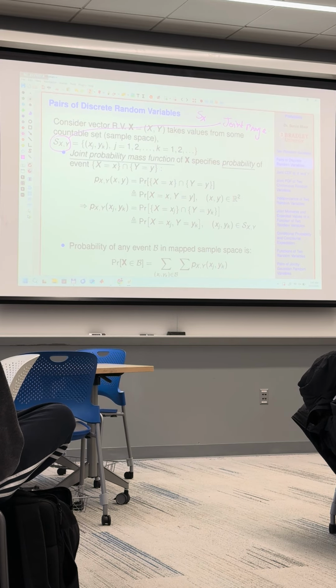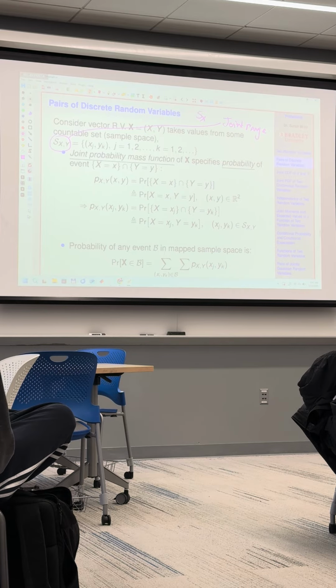in a countable set, let's say a sample space, you have discrete sample space. So joint range, we denote it with a coordinate x sub j, y sub k, where j can take any value from 1 to 3 because of the discrete random variables, and k can take any value from 1 to 3 because of the discrete random variables.